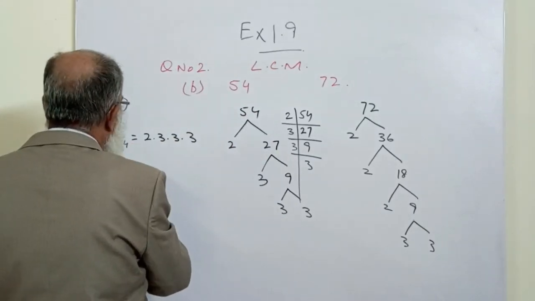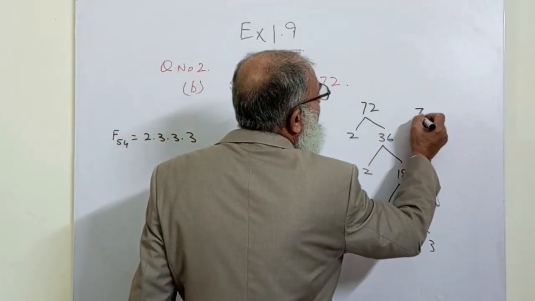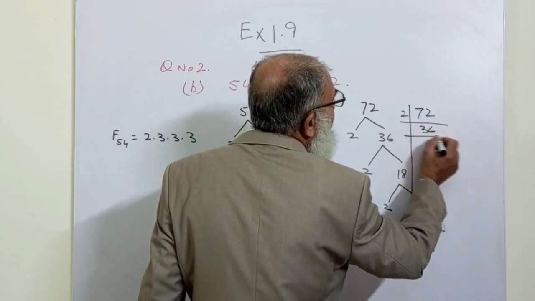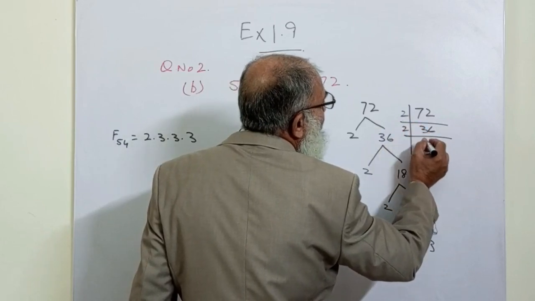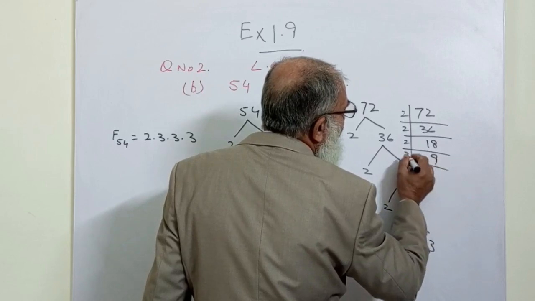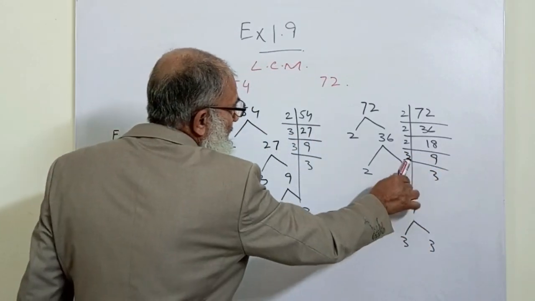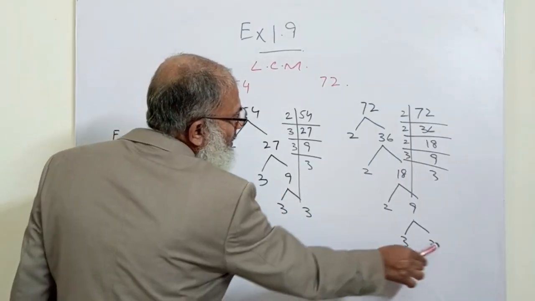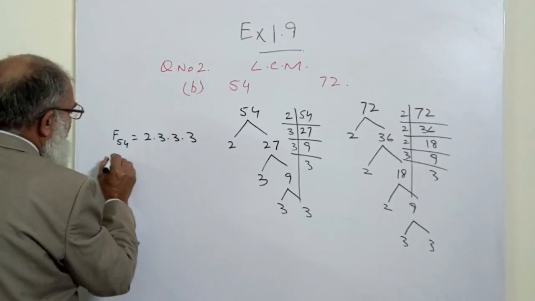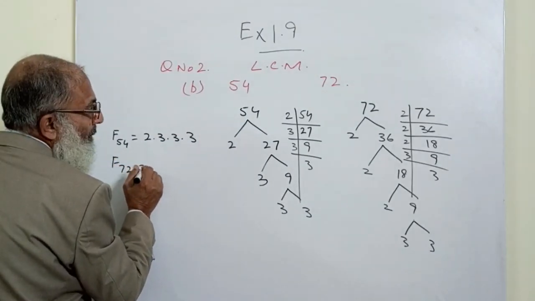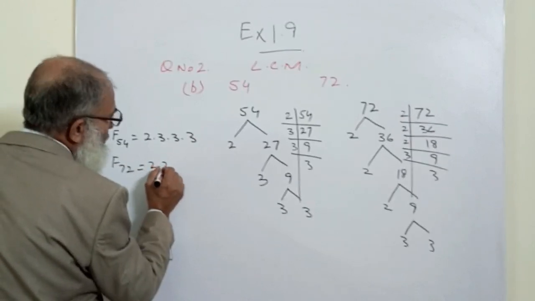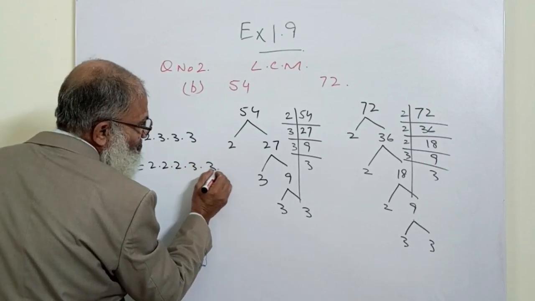And for this 236 and 218, 9 and 3 3, 3 3 2 2 2. F72 is equal to 2 times 2 times 2 times 3 times 3.